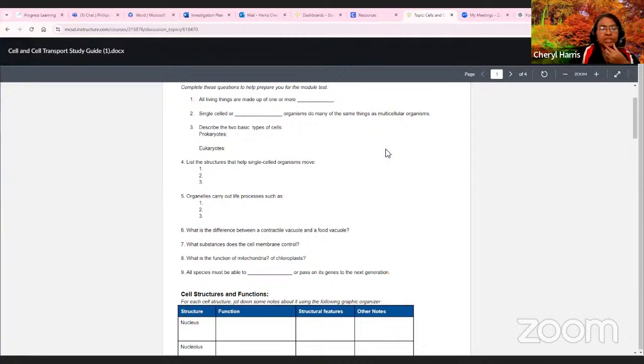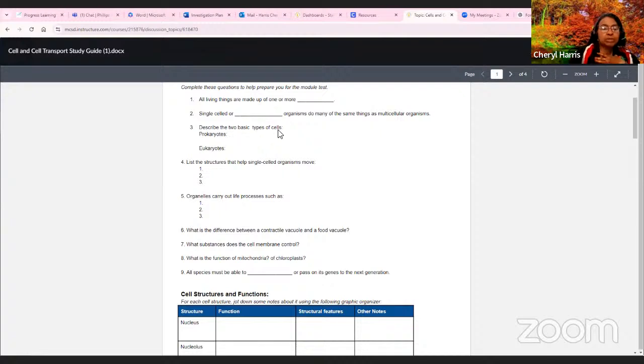Another word that would describe a one-celled organism. You can type it in the chat, somebody. Thank you, Kendall. A unicellular organism is the same thing as saying a single-celled organism, which is the opposite of a multicellular organism. All right, so I'm going to let you take your time and fill in the rest of these.